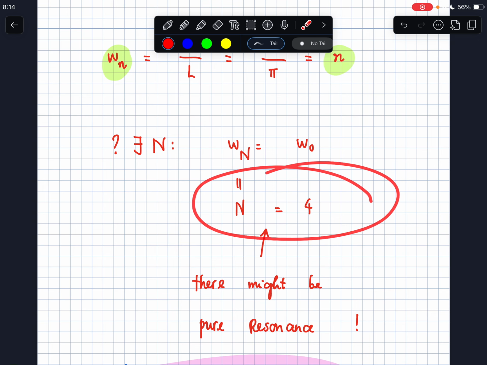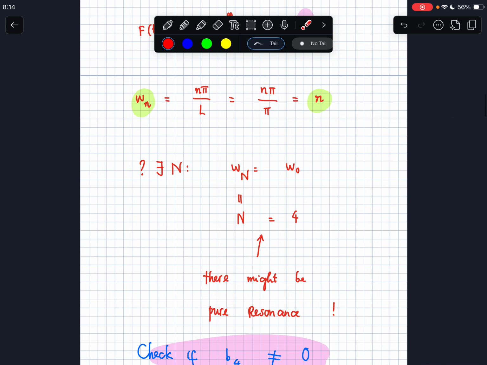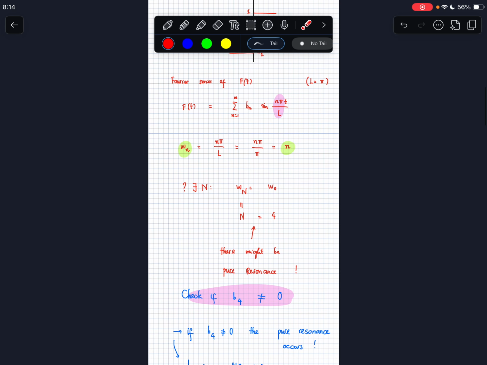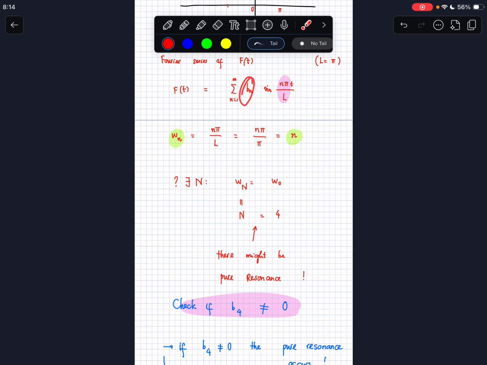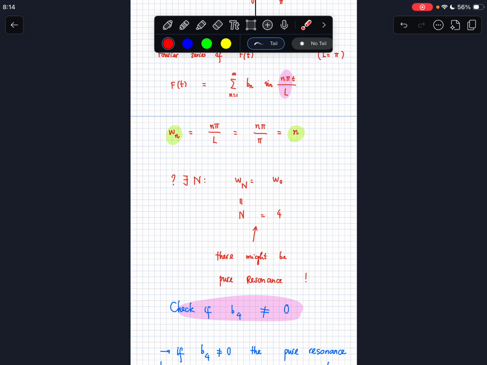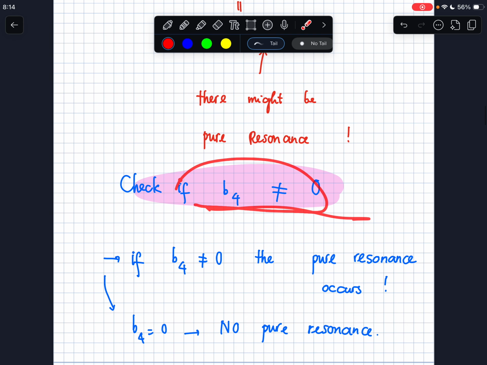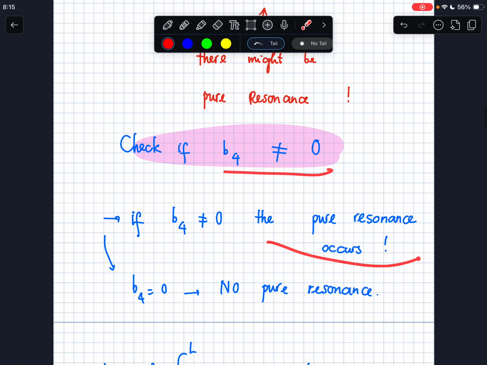If there is such an n, there might be a chance pure resonance occurs. You need to check further if the coefficient of that wave with that frequency is equal to 0 or non-zero. If the coefficient is non-zero, that means there exists a component of the forcing that matches the natural frequency of the system, and in that case you have pure resonance.